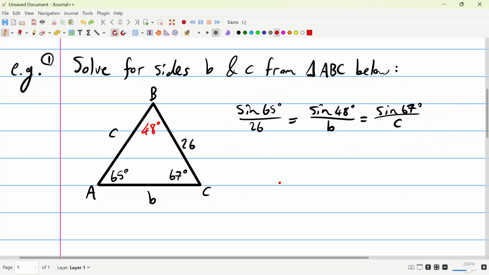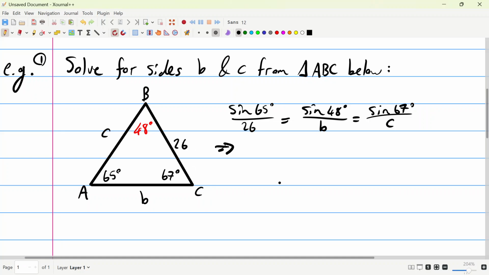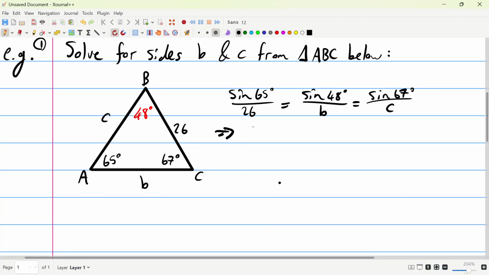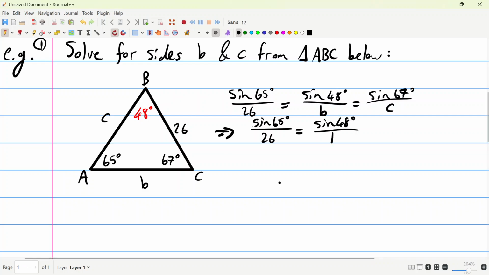So let's first solve for b. Here we have sine of 65 over 26, which is equal to sine of 48 degrees over b.